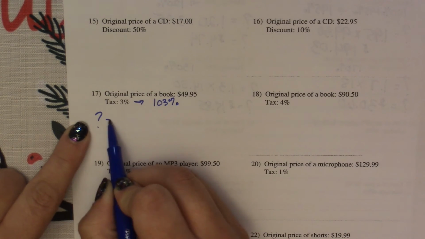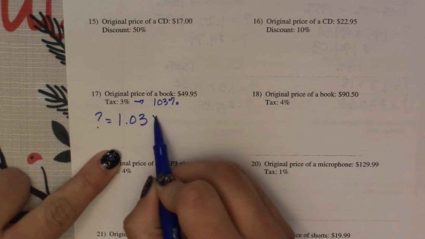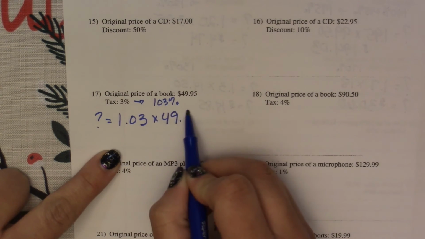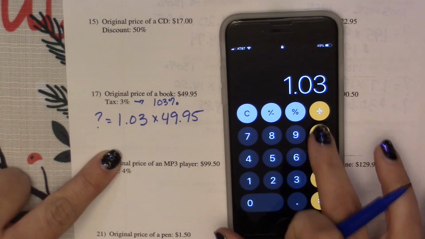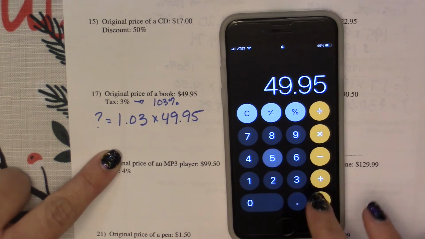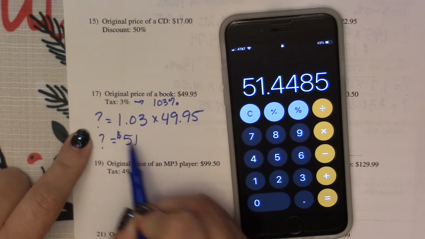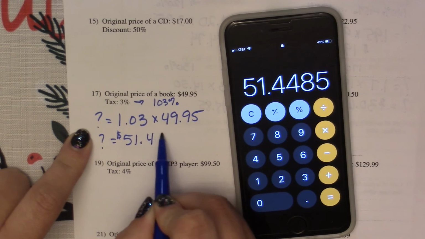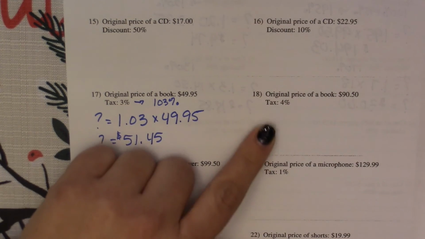All right, so the customer pays 103% as a decimal times the cost of the book. Use our calculator. That makes the final price $51.45.